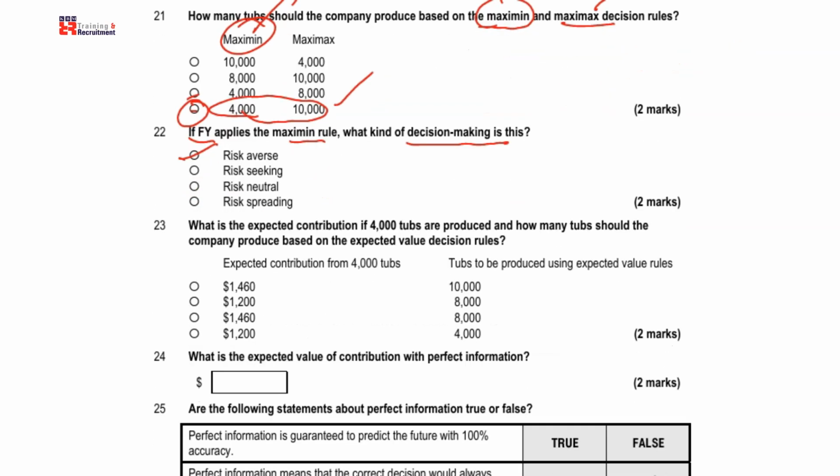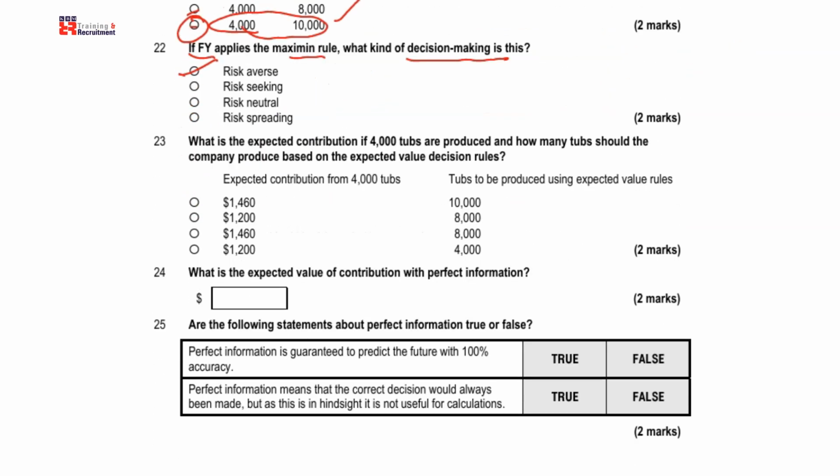23. What is the expected contribution at 4,000 tubs? How many tubs should the company produce? Expected value decision rule. So let's do this one first. Expected contribution. They've done expected contribution for 8,000 and 10,000, left the 4,000 for us to do. So which we'll be doing in a minute. And what is the other one?